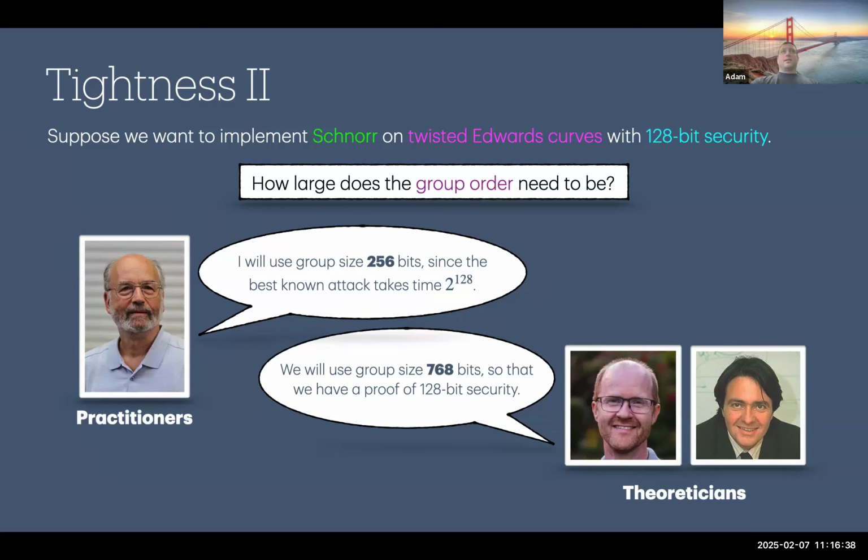They give a proof that if I assume the best attack on discrete log takes square root of the order, then it follows that to use their proof, you need 768 bits to get 128 bits of security. Let me go through the calculation.